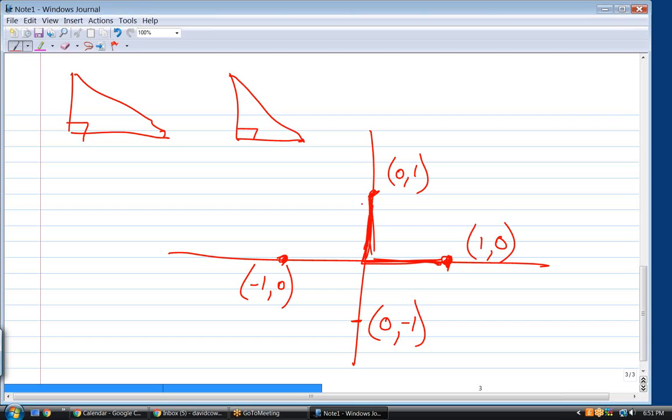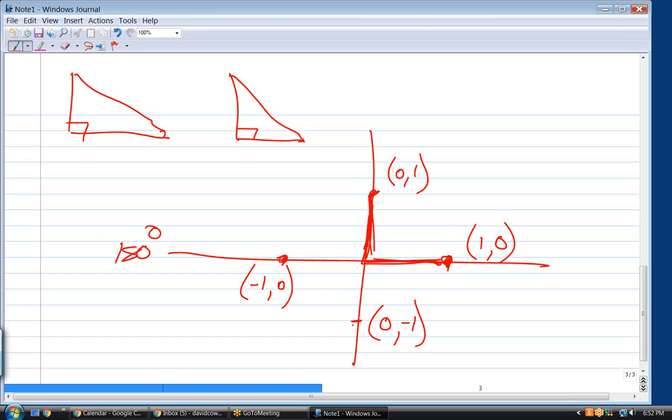So the cosine of 90 degrees is what? 0. And the sine of 90 degrees? 1. Cosine of 180 degrees? Negative 1, and then the sine is 0.